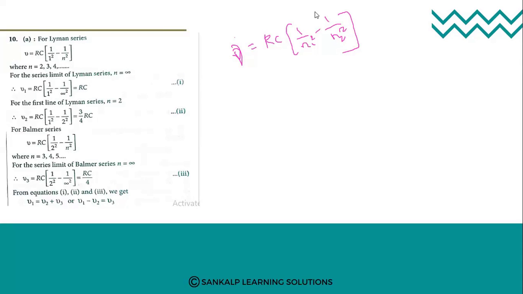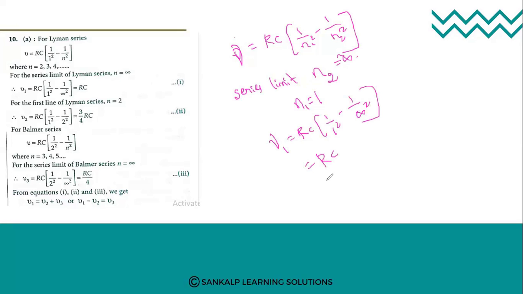For the series limit of the Lyman series, also remember that when they say series limit, meaning minimum frequency, the value of n2 will be infinity and the value of n1 for the Lyman series is 1. Therefore, nu 1 is equal to RC into bracket 1 by 1 square minus 1 upon infinity square, which is equal to RC.